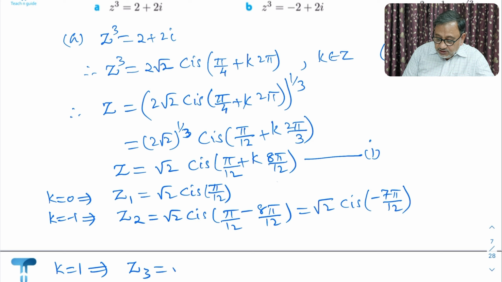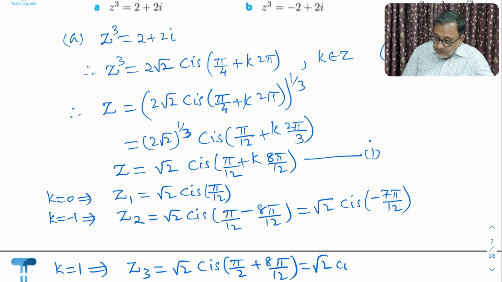So z3, my third root, will be root 2 cis pi by 12, and this k I will replace by 1. So it will be plus 8 pi by 12, and it will be cis 9 pi by 12. Okay, 9 pi by 12. Now 9 pi by 12 I can simplify.